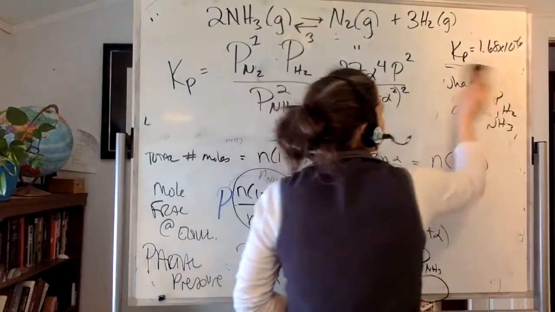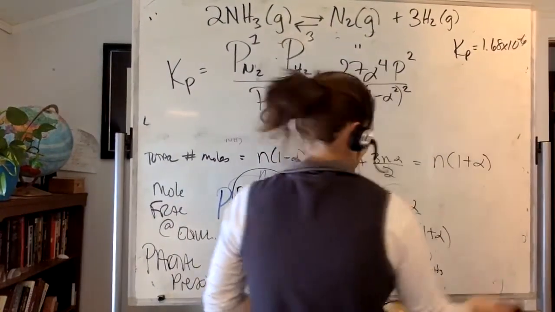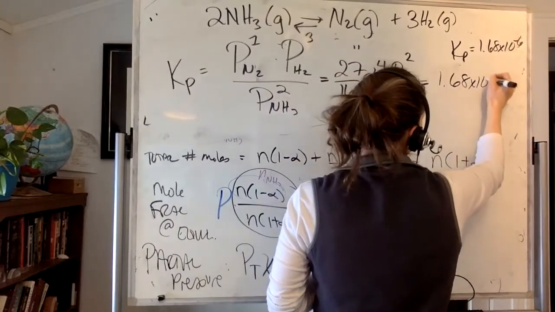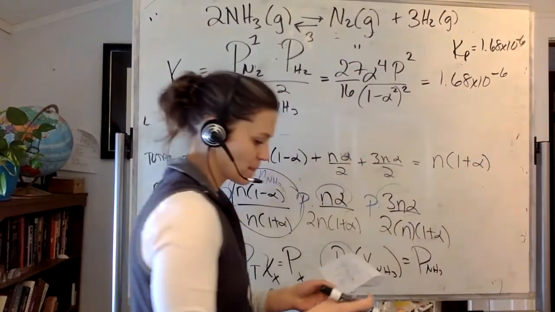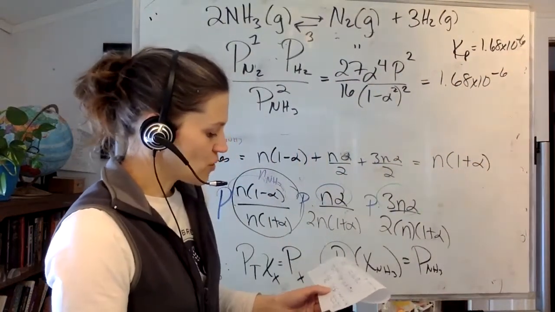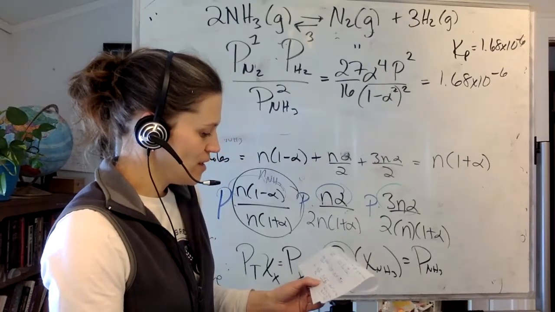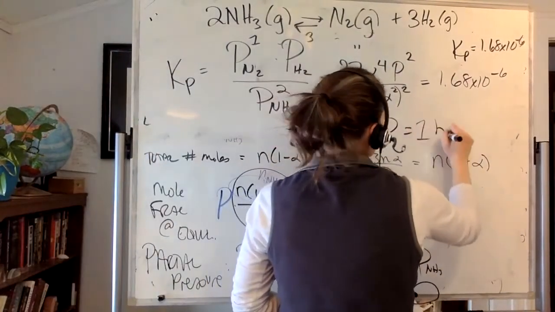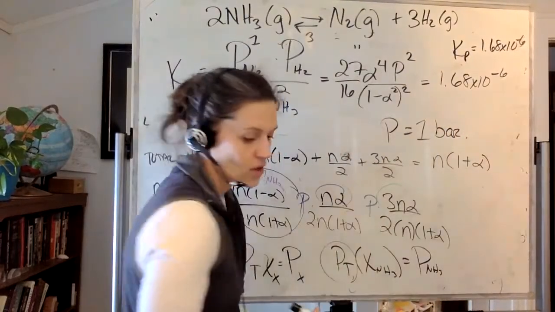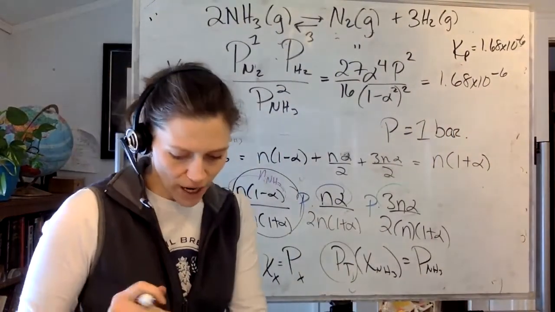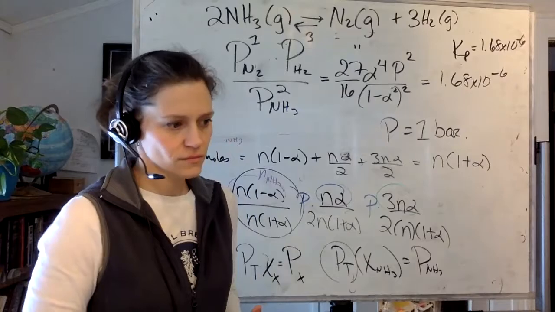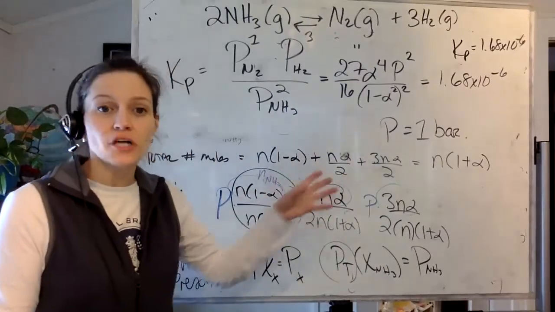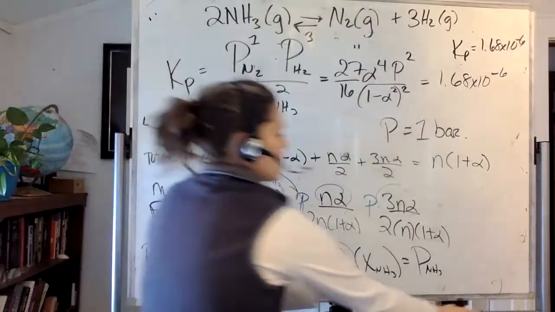You can see why I'm not doing this outright. And that equals 1.68 times 10 to the minus 6. Sweet. And so if we say that the total pressure is then 1 bar, you can then solve for what alpha is.